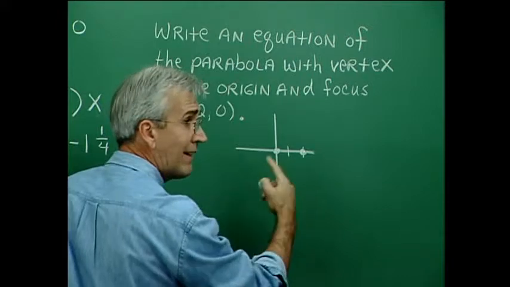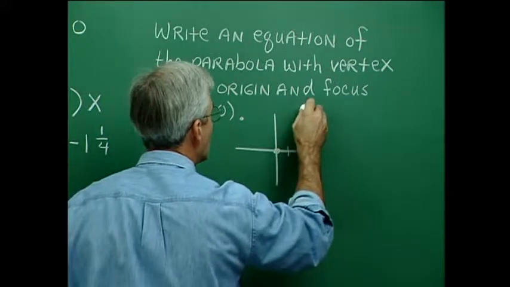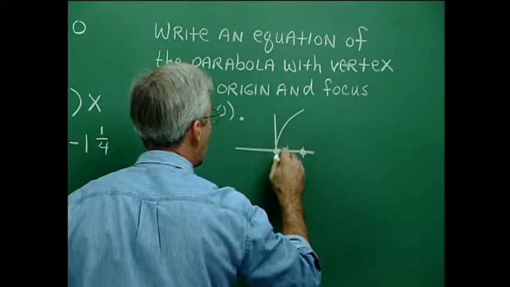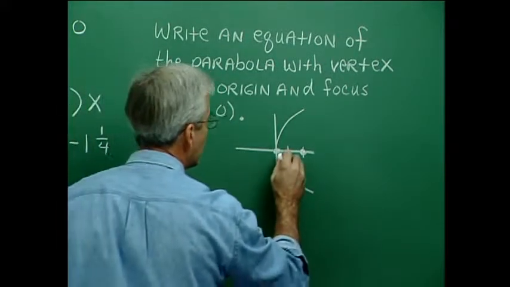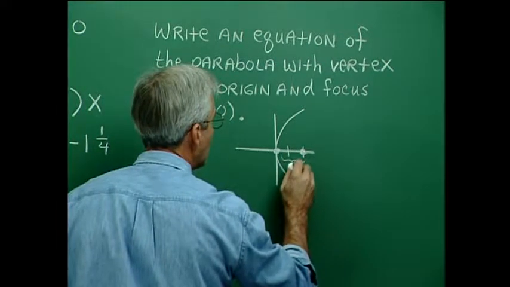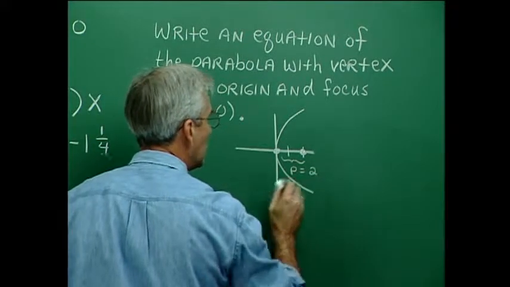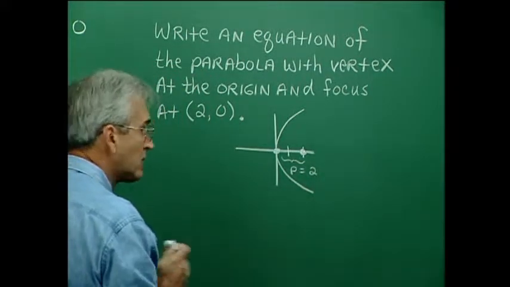We know that the graph tends to wrap around the focus, so we know we have a parabolic curve that opens to the side, and it's opening to the right, and we know that this distance is the p-value, so p is equal to 2, and it's a directed distance, so it's positive 2.